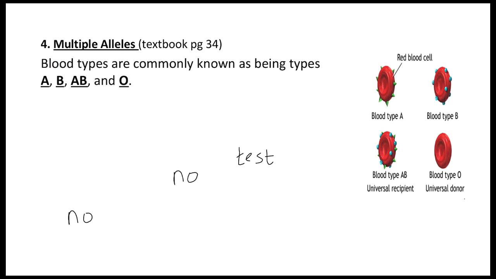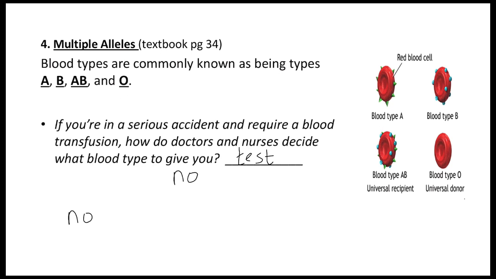For example, it can or it can't, it's black or it's white, etc. with fur. This section, there are more than two possible alleles, and so this is the case with blood type, where there are actually three possible alleles. Blood types are commonly known as being types, so A, B, AB, and O.